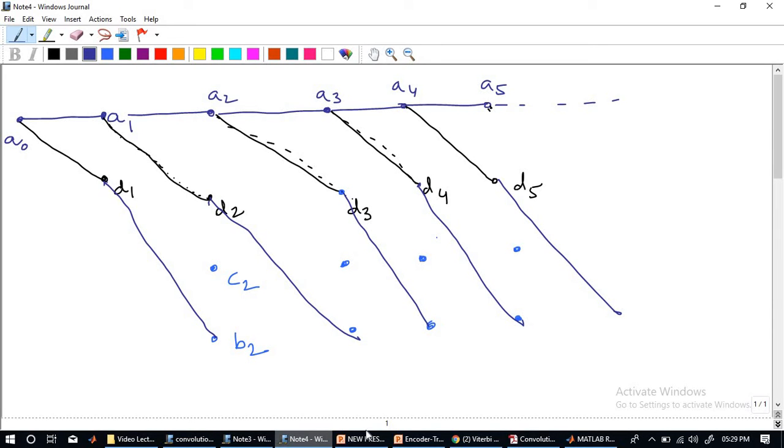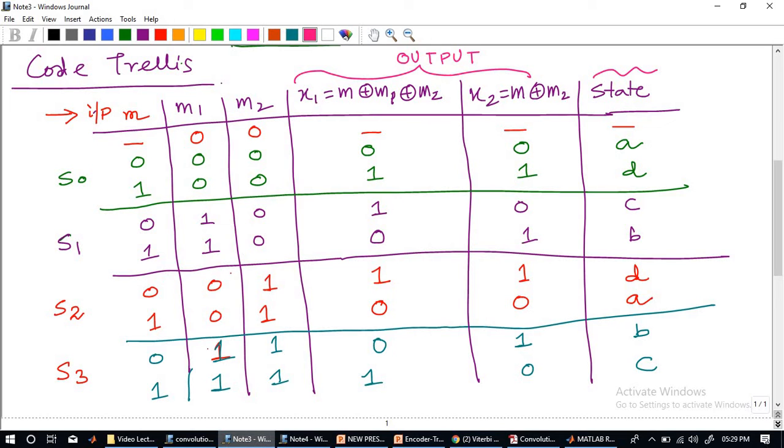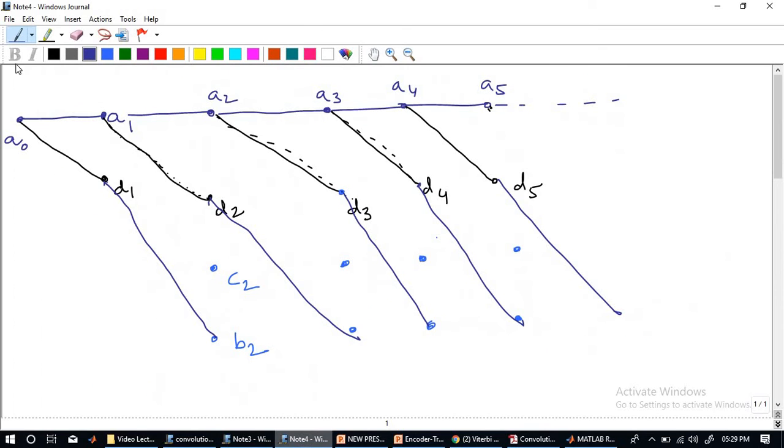At the same point, if 1 comes in, the state is C. So I'll use the black color. It will come over here. It will come somewhere over here. It will come somewhere over here.